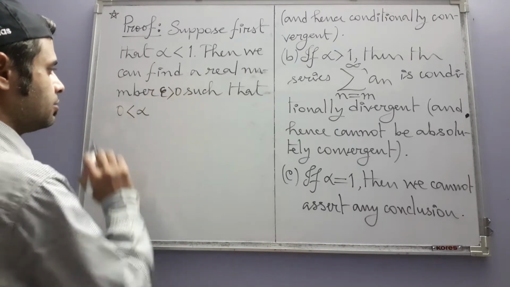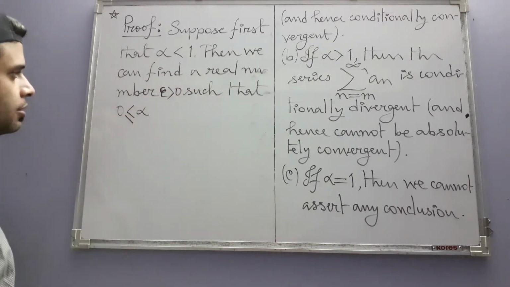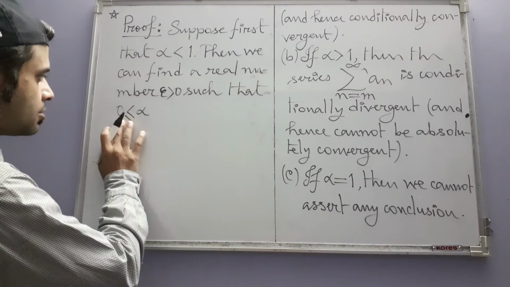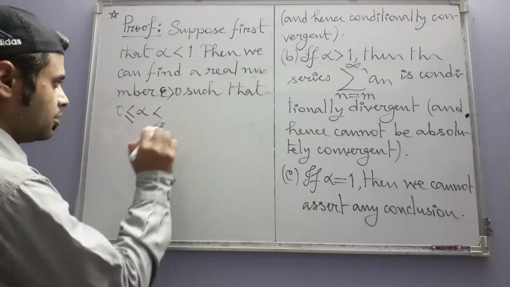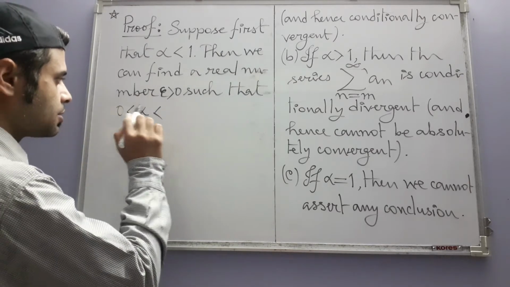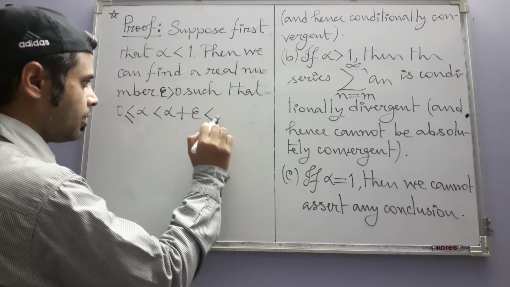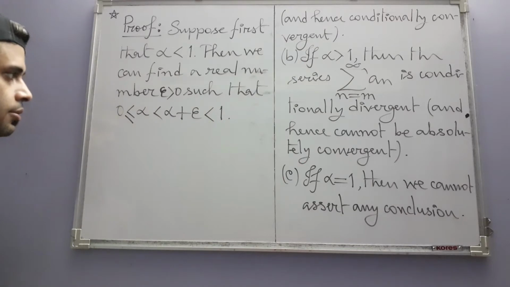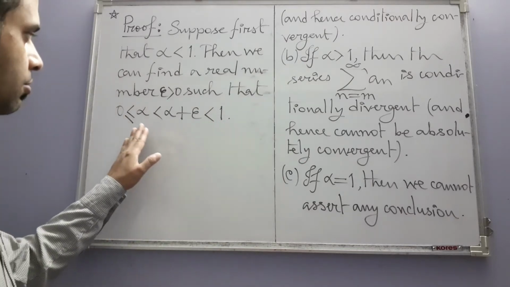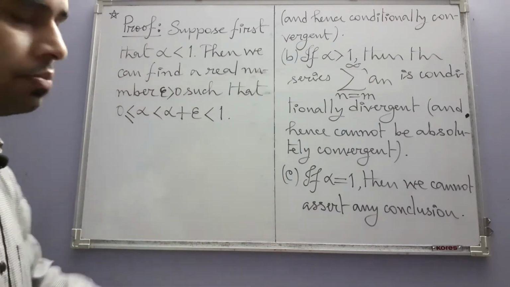And another thing I should mention is that alpha itself is greater than or equal to 0, and due to the positivity of epsilon, alpha plus epsilon will be strictly greater than alpha, and this is less than 1.